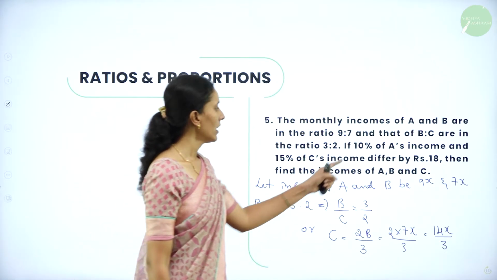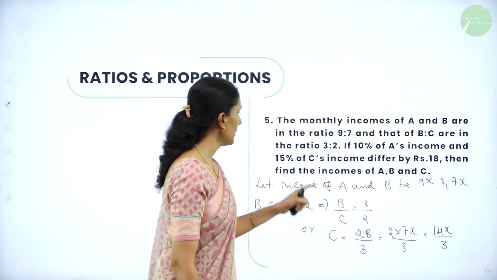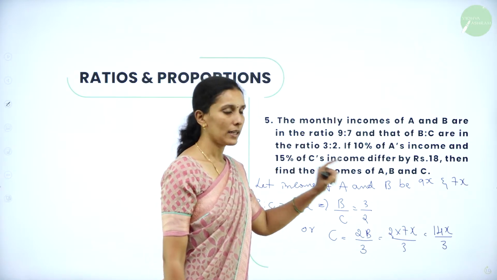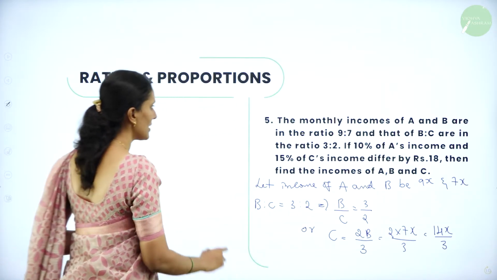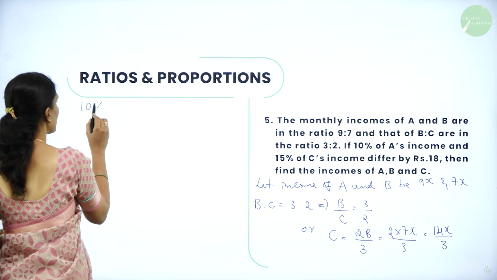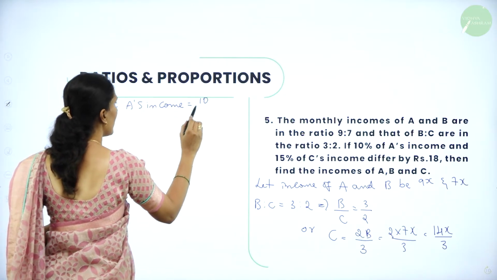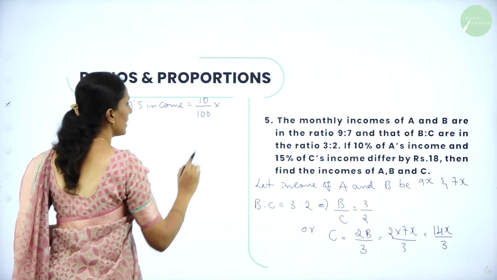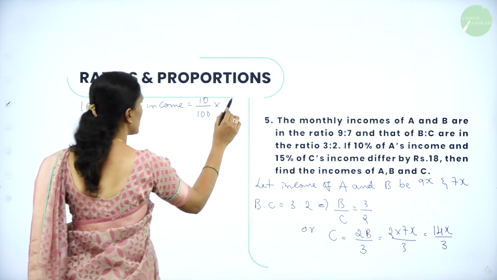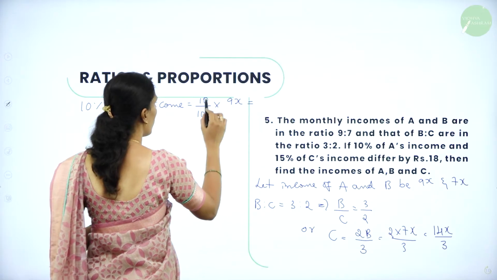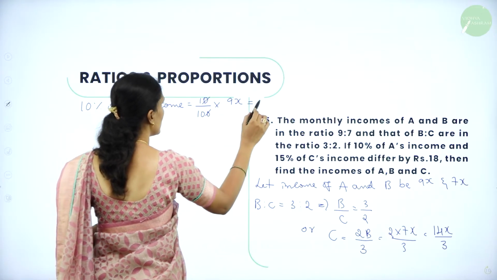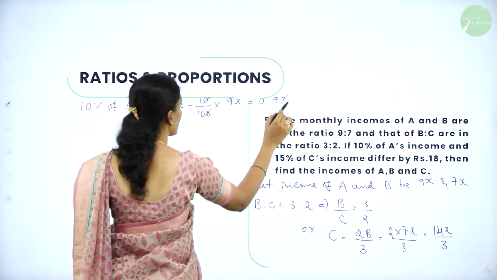Next, they have given 10% of A's income and 15% of C's income differ by rupees 18. First, let me calculate 10% of A's income. So 10% means 10 divided by 100. What is the income of A we have taken? That is 9x. So therefore, you will get 0.9x.